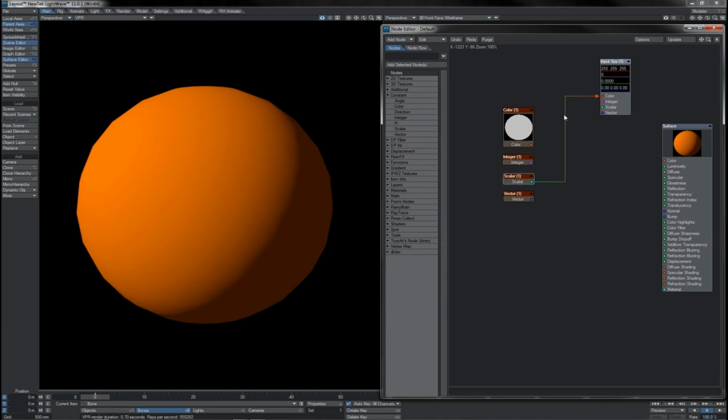So red 1 is basically read at 100% or maximum value, or as we're used to calling it, 255. Colour outputs still deliver 0 to 255 values. But when they're plugged into scalars, then of course they become converted the other way. In this case I've got a grey here, 200, 200, 200. Were it a full 255, then I would have 1.